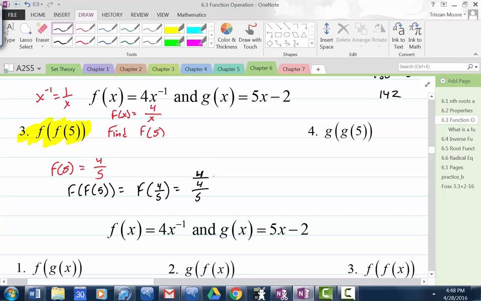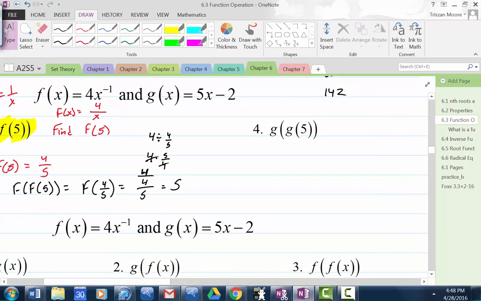Another way to look at that is I'm dividing. This is really 4 divided by 4/5. It's the same thing as 4 times 5 over 4. Cancel those both out. You get 5.